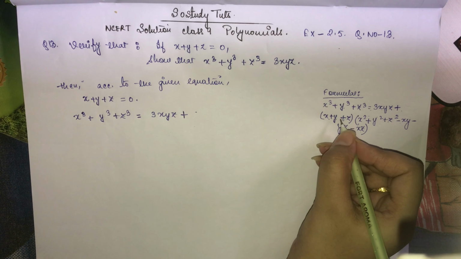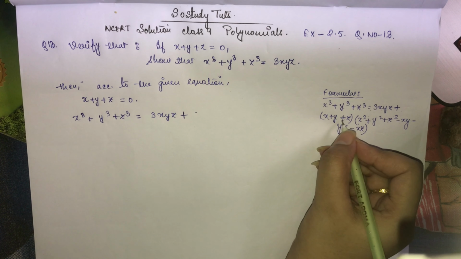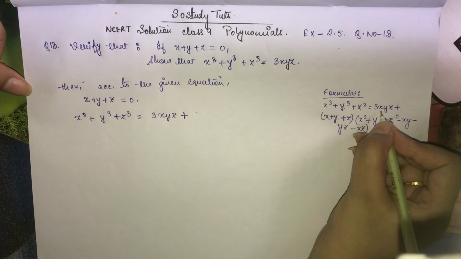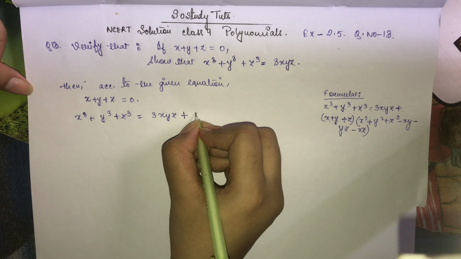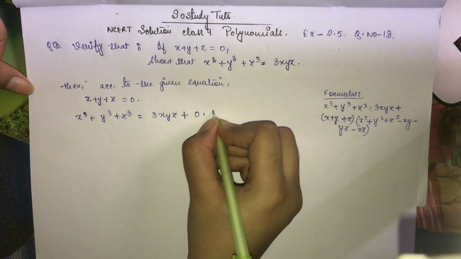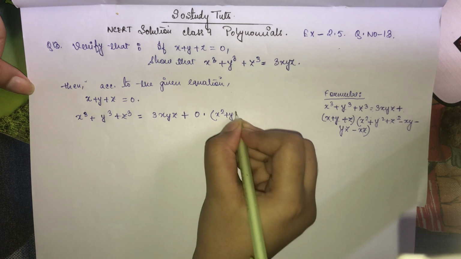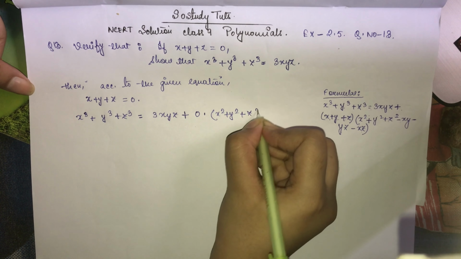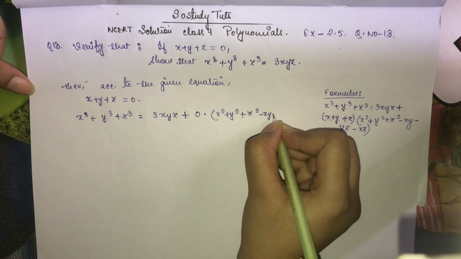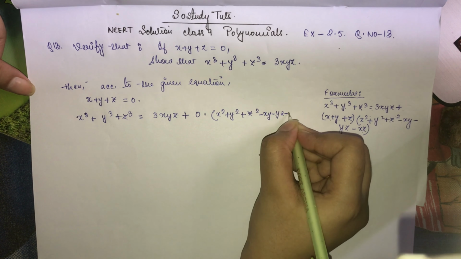So this entire term now becomes 0. So over here I will write 3xyz plus 0 into x square plus y square plus z square minus xy minus yz minus xz.